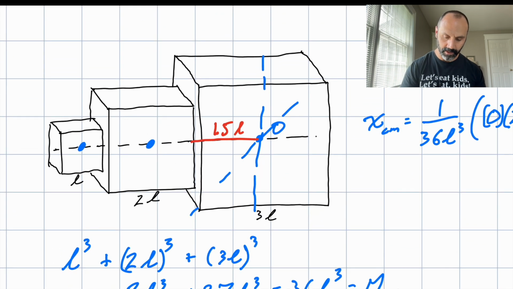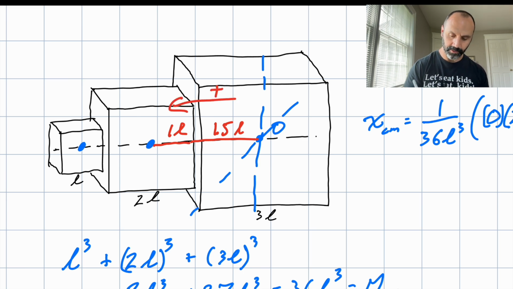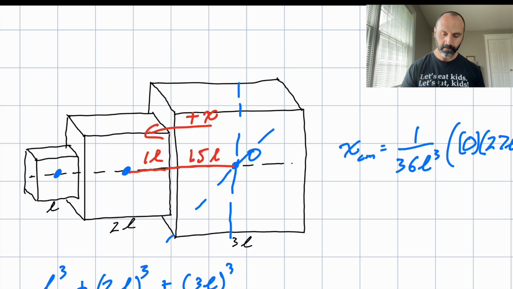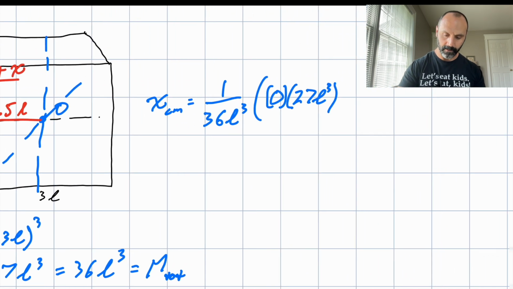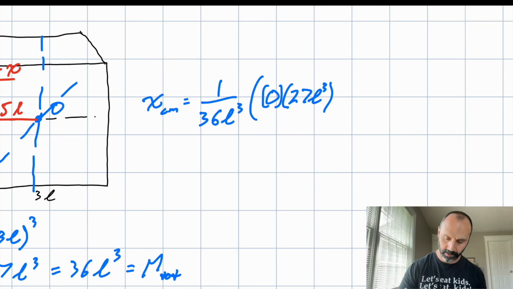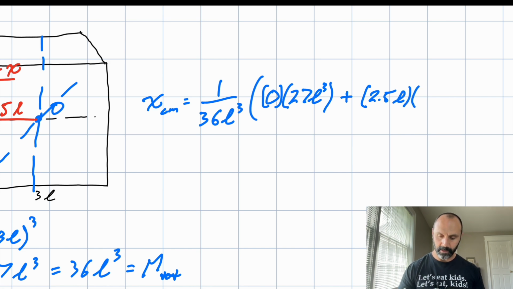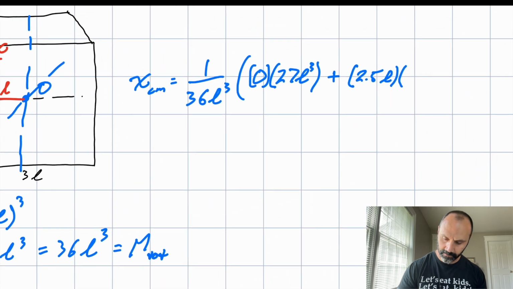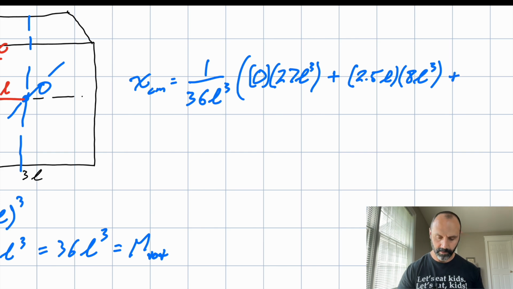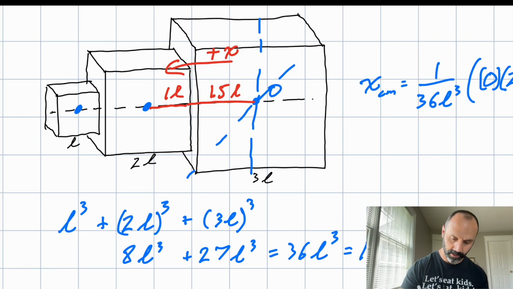And then from the edge to the center of this is 1 L. So the x coordinate, remember I'm making left positive, so this way is my positive x direction. The x coordinate of the middle-sized cube is 2.5 L. And what's the mass? 8L cubed is the mass.